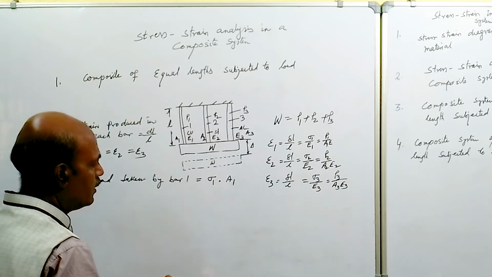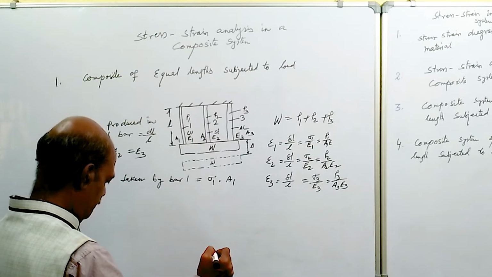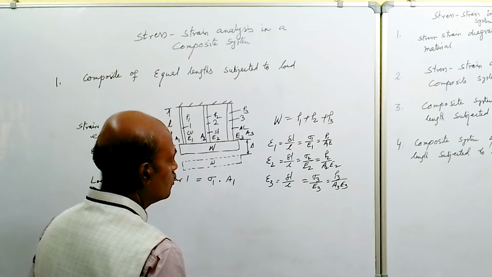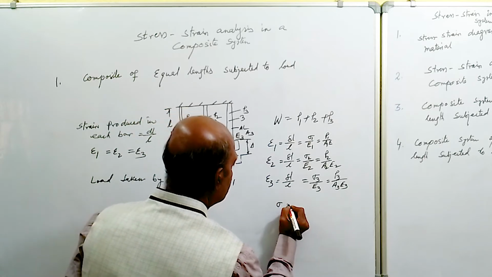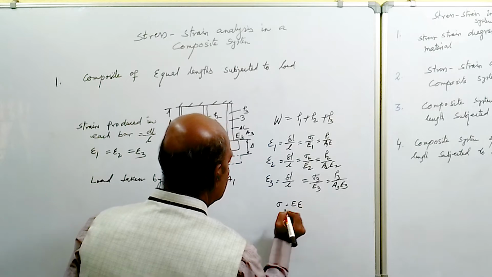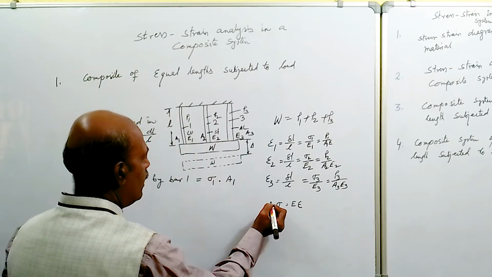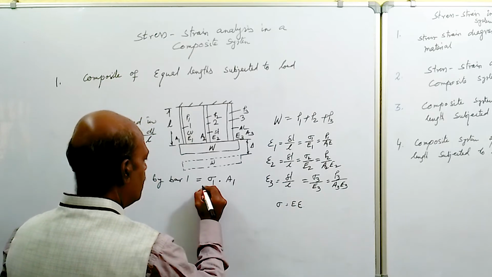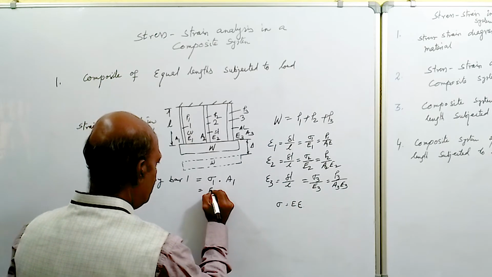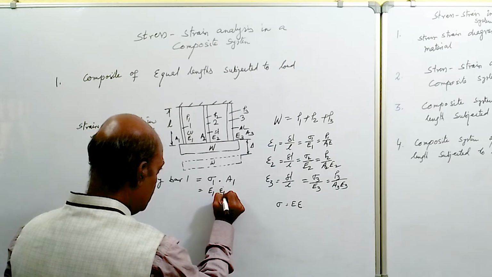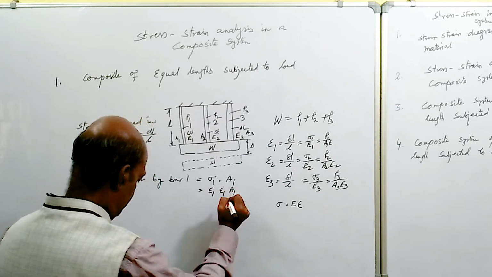Or we can write, from Hooke's law we know sigma is equal to E into epsilon, so sigma 1 is equal to E1 into epsilon 1.